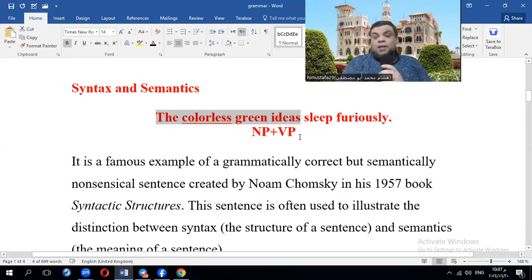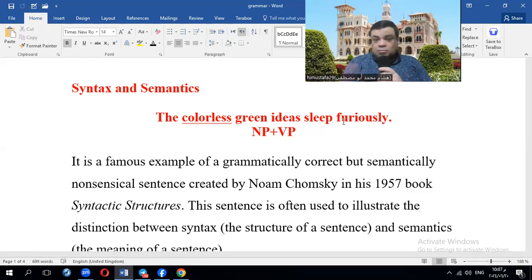The verb phrase here is composed of sleep, the verb, plus the adverb furiously. So yes, this is an acceptable and well-formed structure. But what about its semantic meaning? Does this sentence make sense?